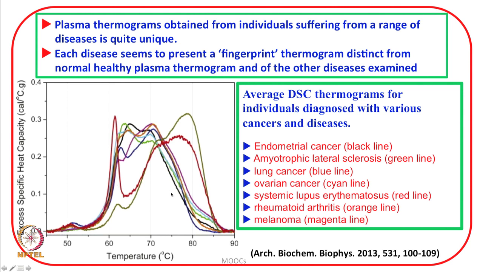So, there is a lot of potential in this technique in pointing out whether the person is healthy or is having some disease. And that is why this comment was made over here that each disease seems to present a fingerprint thermogram distinct from normal healthy plasma thermogram and of other diseases examined.